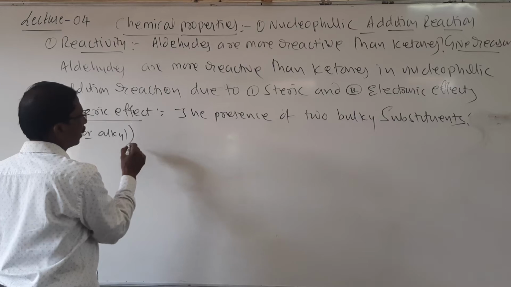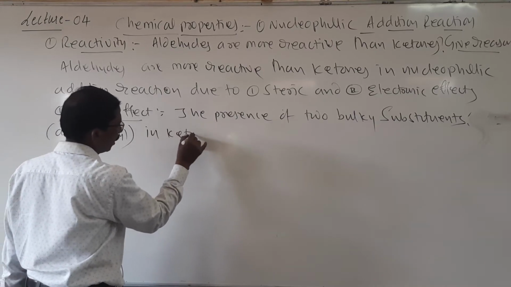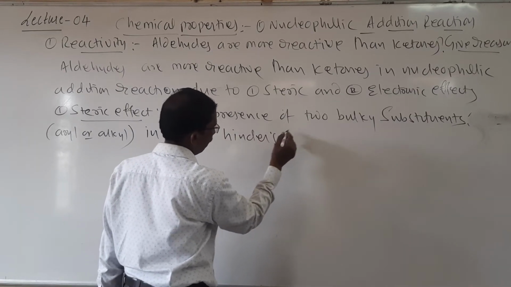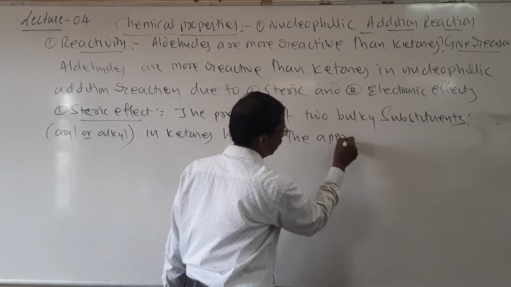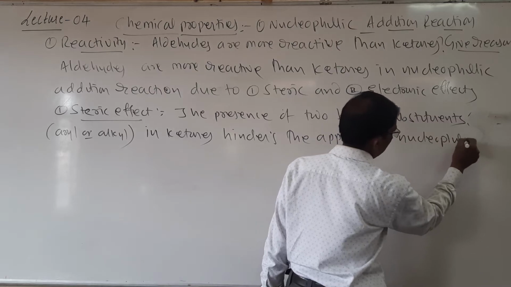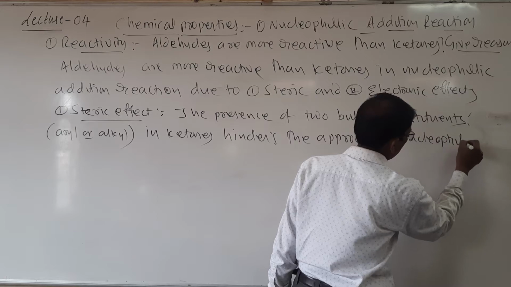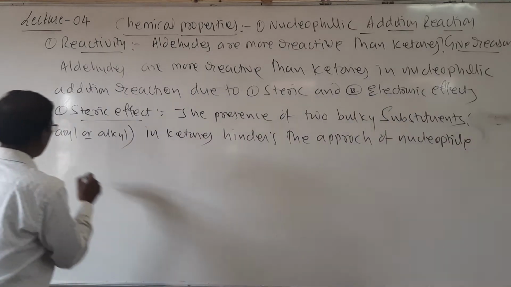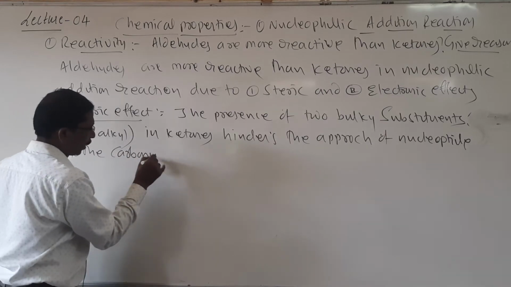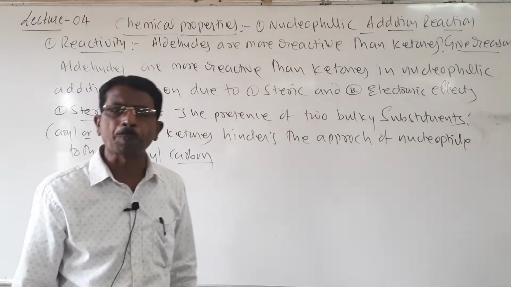The presence of two bulky substituents in ketones hinders the approach of nucleophile to the carbonyl carbon, or carbon of carbonyl group.